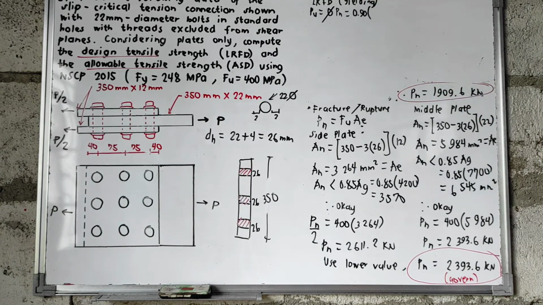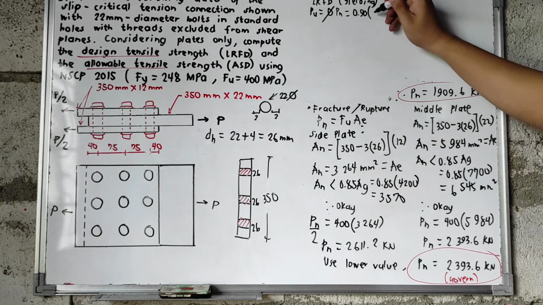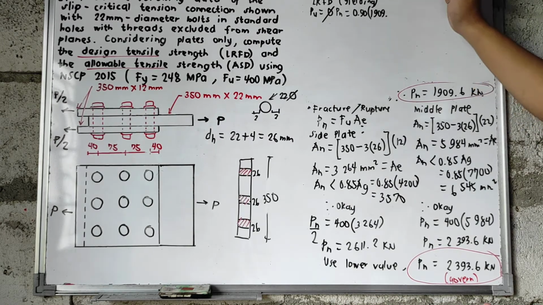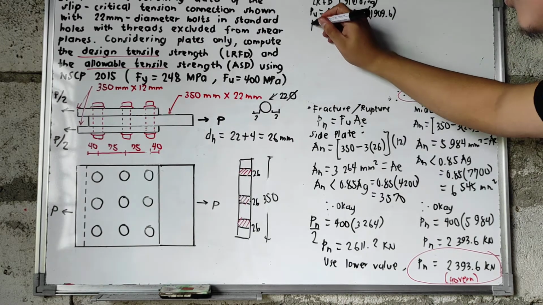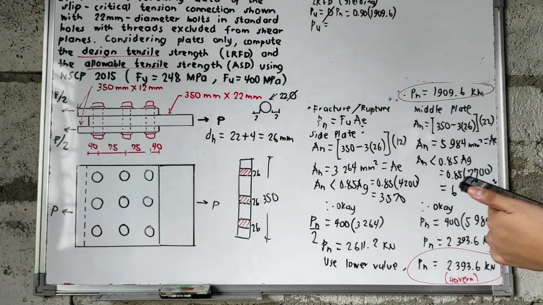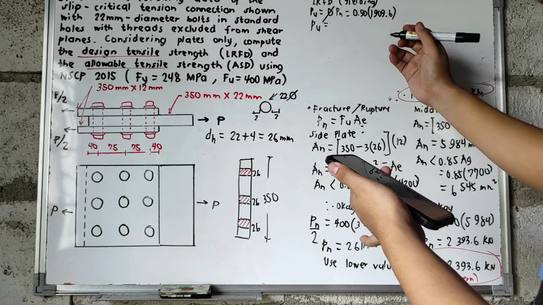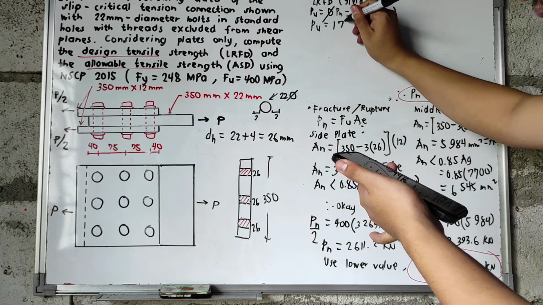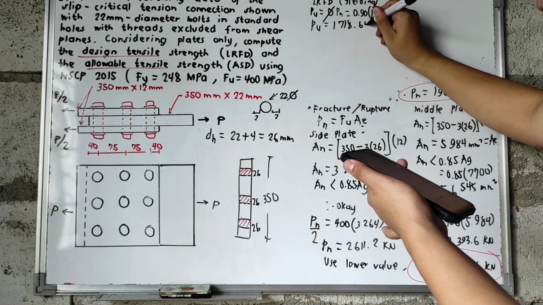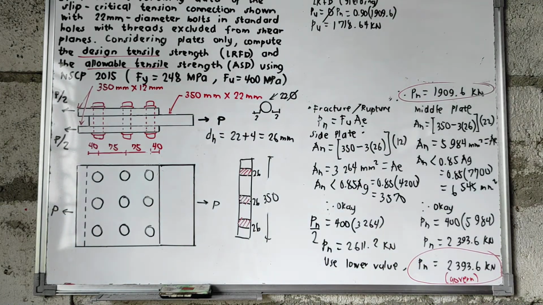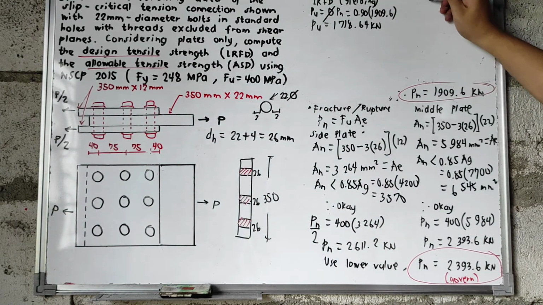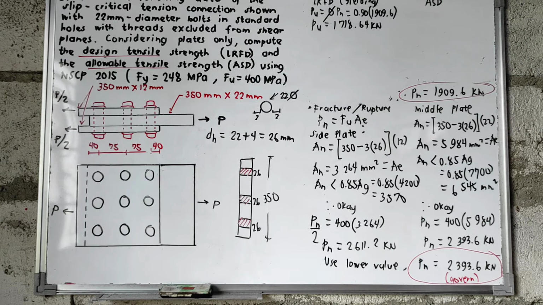And yung nominal natin, that is 1,909.6 kilonewton. So, the value of your design strength sa yielding is equal to 1,718.64 kilonewton.